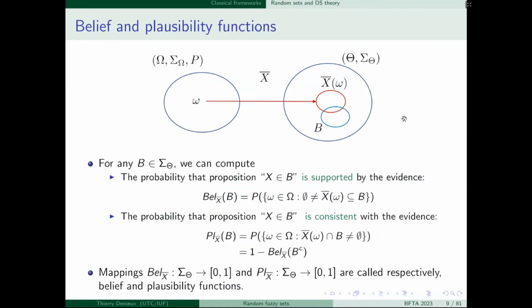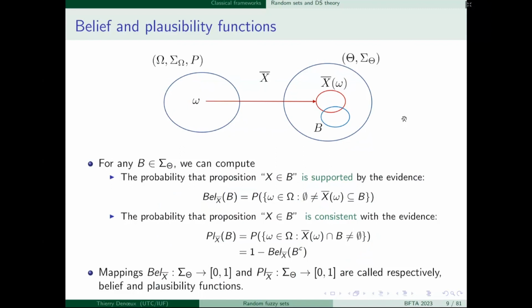This is the probability of the set of omega, in big omega, whose image is included in B. Because if x bar of omega is non-empty and included in B, so if we know that x belongs to that set, then we know that x belongs to B. So this is support for B, and we call this a degree of belief in B.